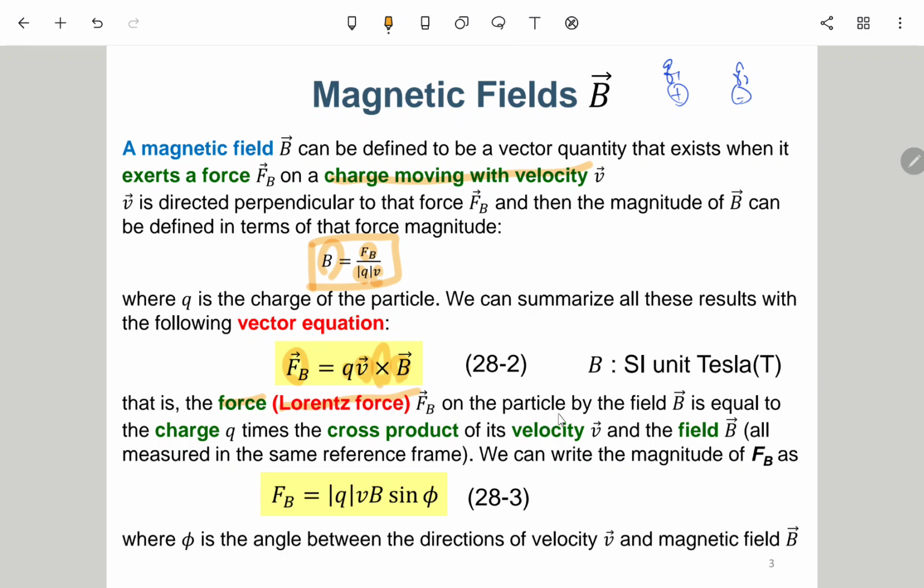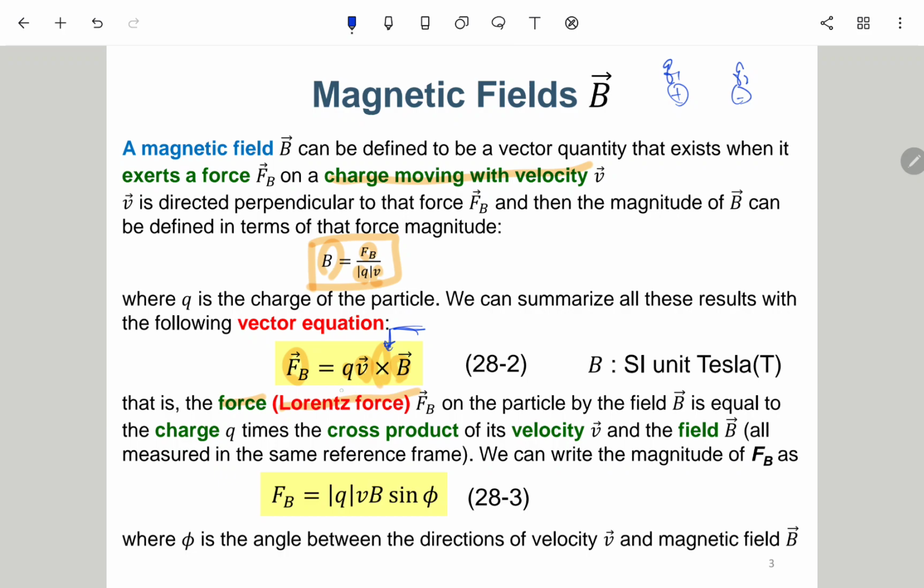The force F_B on the particle by the field B is equal to the charge amount times the cross product of the velocity v and B. I suppose in high school physics you should have learned what a cross product is, but even if you haven't learned it yet, it's still okay.